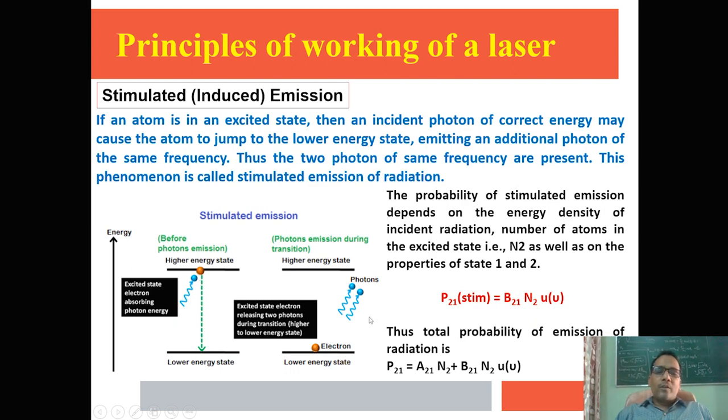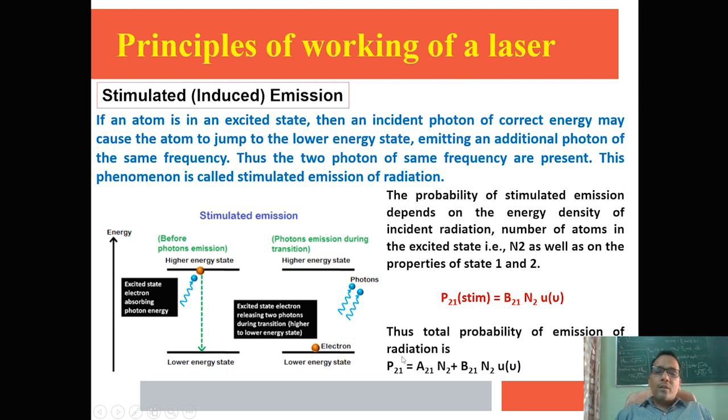So this gives two parallel photons after stimulated transition. So this third type of transition is known as the stimulated or triggering transition, which depends on the properties of these energy levels, as well as the total number of atoms at the higher energy level and the energy given at the higher energy level. This is the third type of transition, known as stimulated transition, and it was mainly coined by Einstein in 1917.